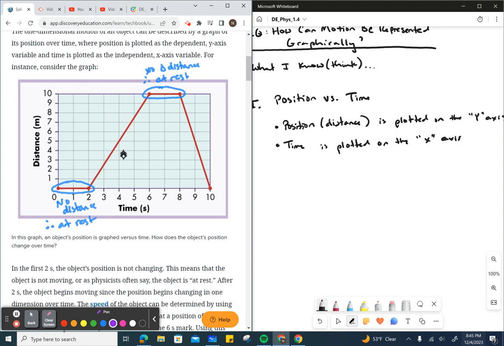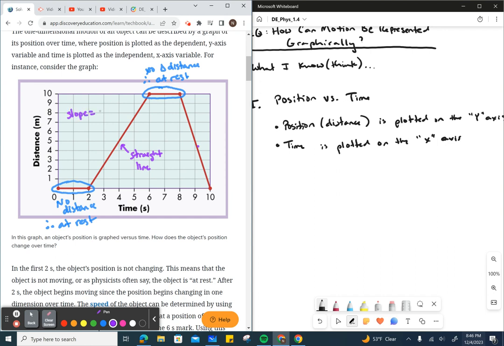This straight line has a slope, and we could calculate that slope. Let's write this down here, the slope.